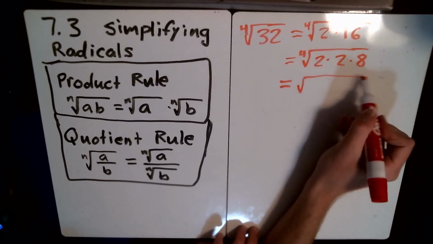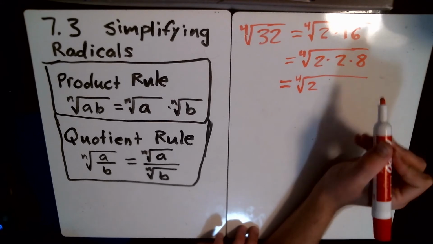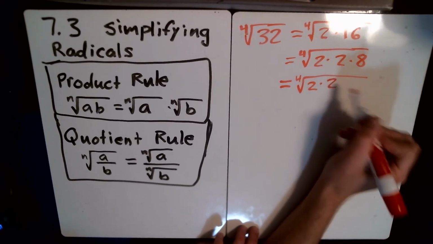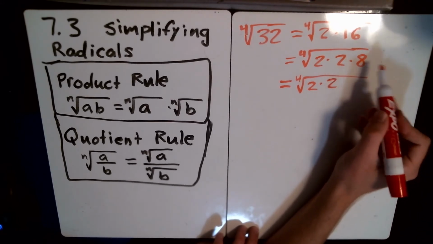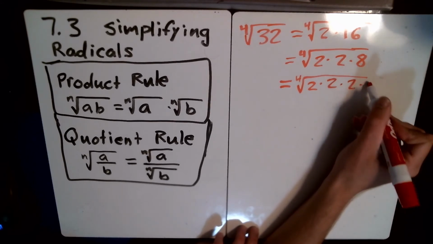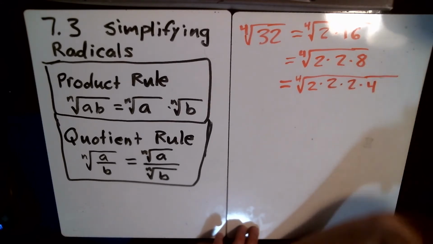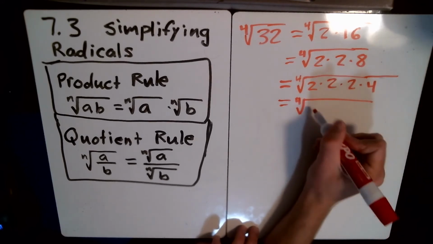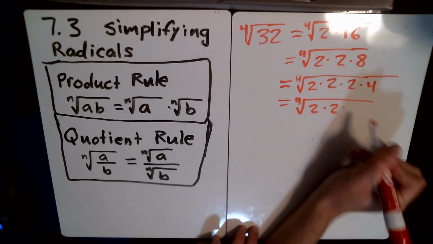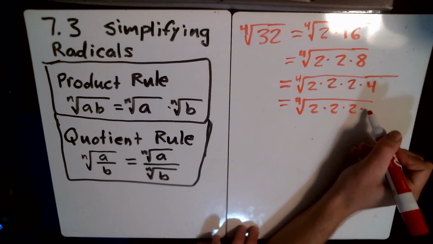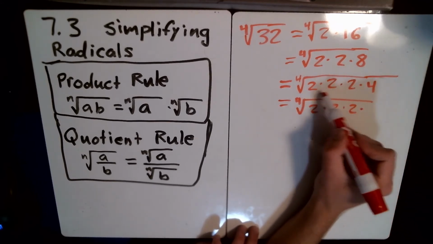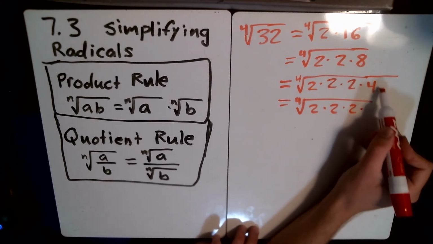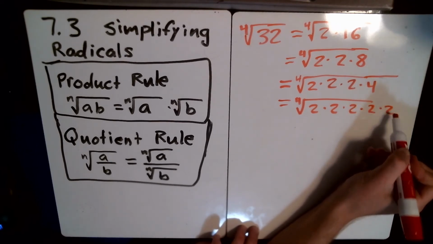We've got a 2 and the 8 we can write as a 2 and a 4, right? So we had 3 2's here, and then this 4 we could write as 2 more 2's.